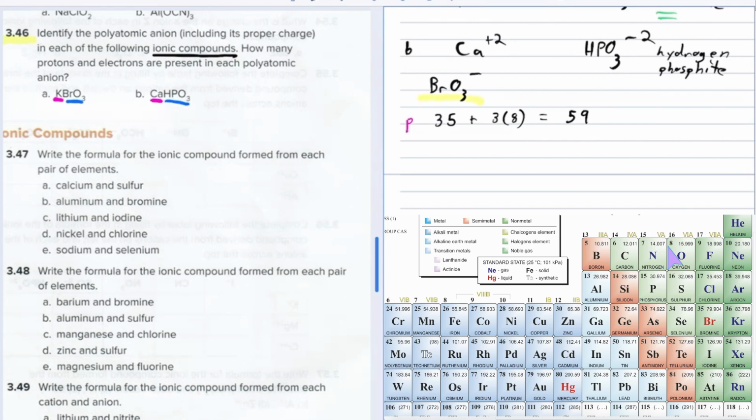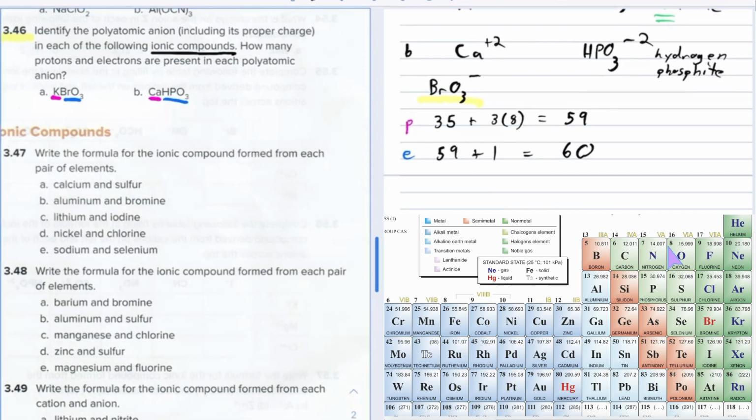Now electrons, we could do electrons the same way, or we could say electrons always equal protons, but the charge right here tells you have 1 extra electron. So you have 59 from the 4 atoms altogether, plus 1 extra electron, because it's a -1 charge. So it's going to be 60 electrons.